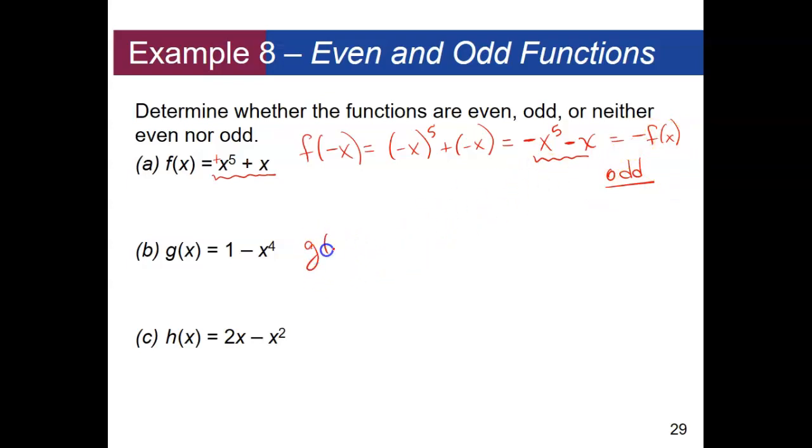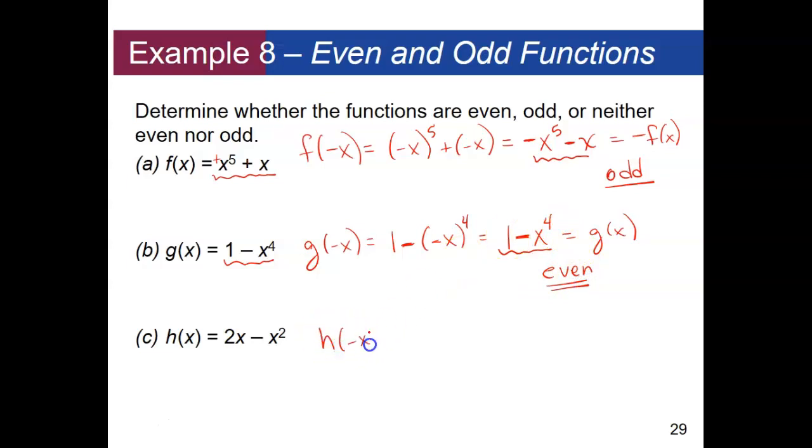Here, if I plug in negative x and simplify, I'm going to have 1 minus a negative to an even power, which is going to become positive, but I still had this negative out in front here. So when I compare this to the original, it's the same. So if it equals the original, then that's an even function.